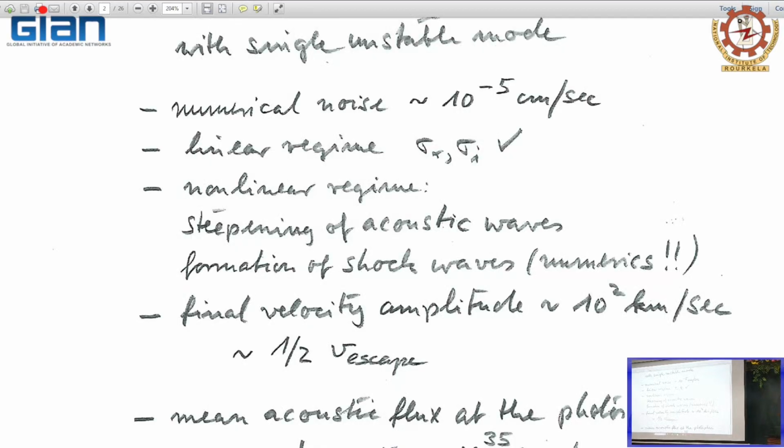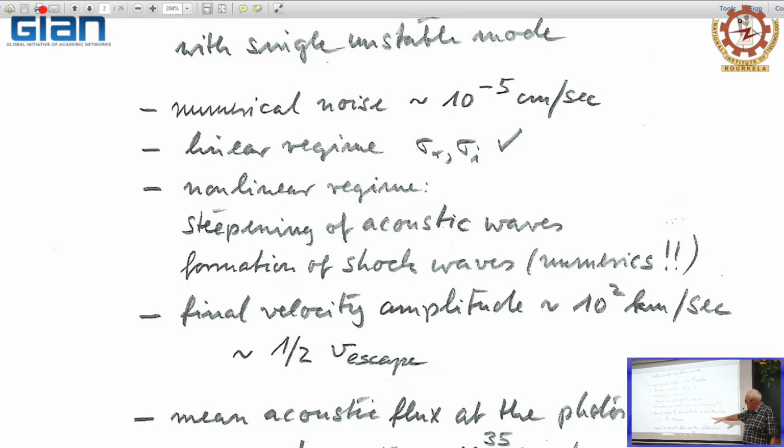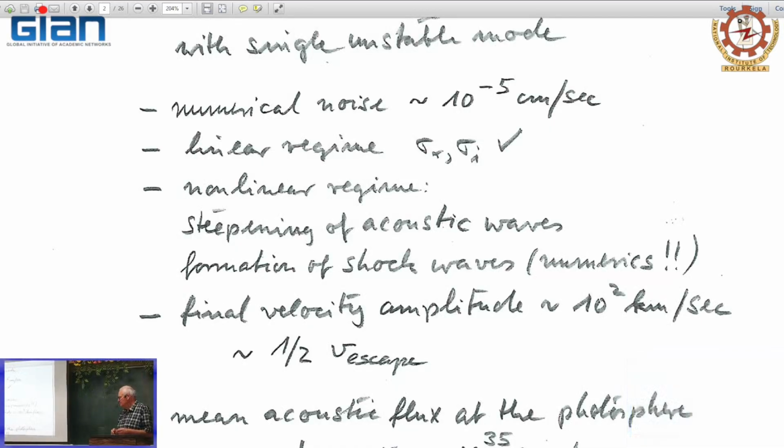The linear pulsation, which is a trigonometric function, steepens and forms shock waves in the final stage. The final velocity amplitude is of the order of 10 to 100 kilometers per second, in this case about half of the escape speed from the star.